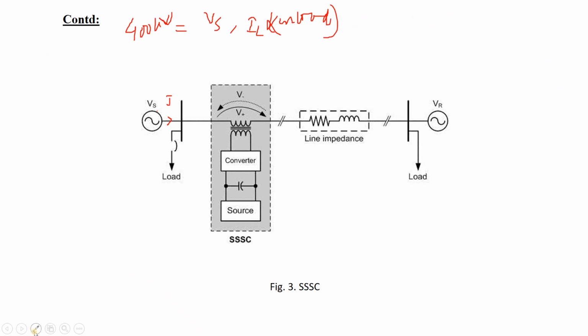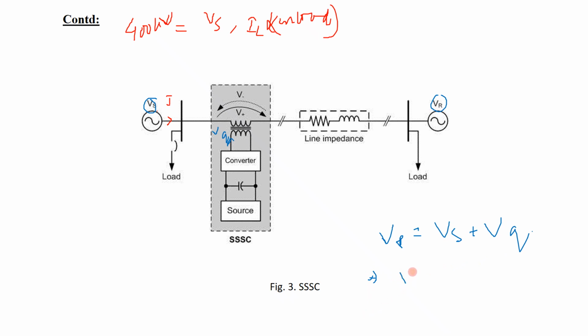So quite simple. If you see this particular diagram, you will be able to understand that this is Vs, this is Vr, and this is VQ. So obviously Vr will be equal to Vs plus VQ.